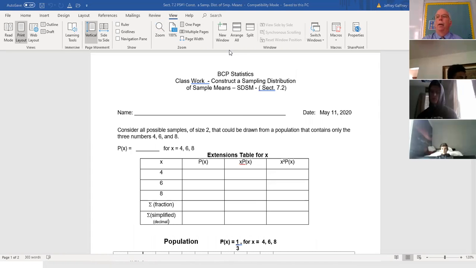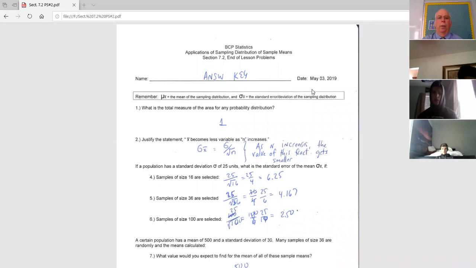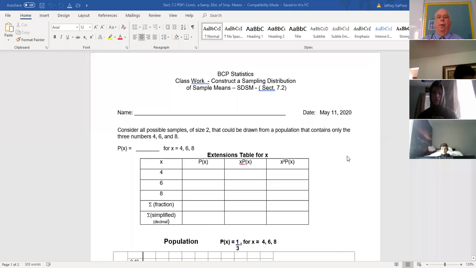Actually, let me go back here. I don't know if I turned the recorder on. Where's my recorder? Oh, it is recording. Okay. Oops, that's not the one I want. Darn it. What's it doing that? Share screen. I want this one, I think. There, that's the one I want.